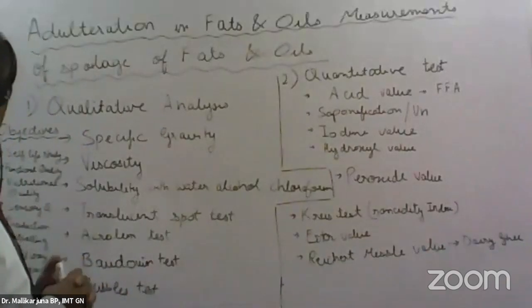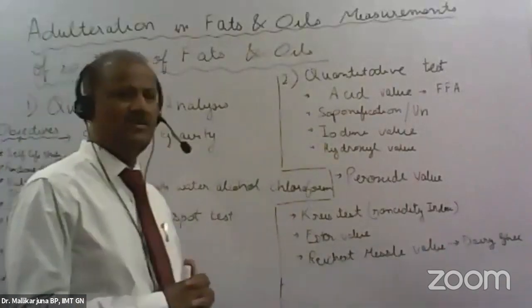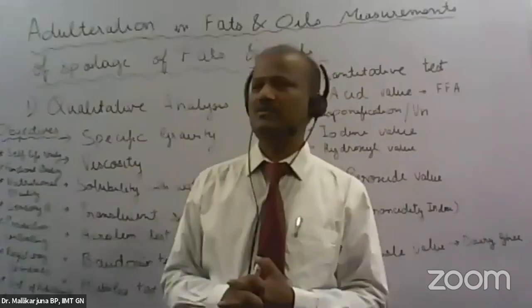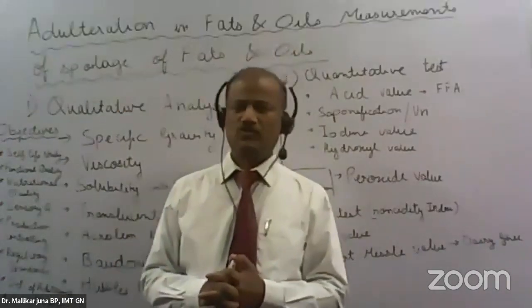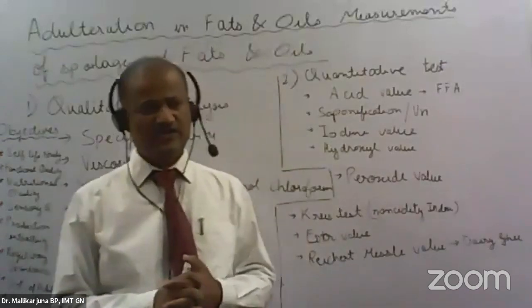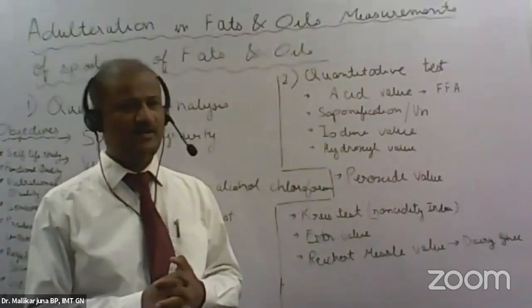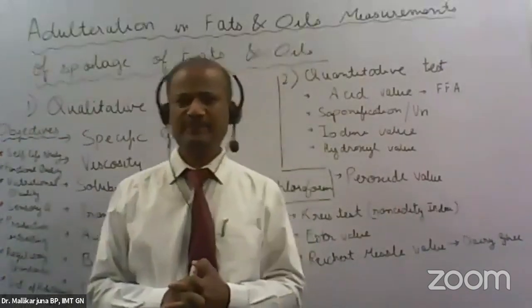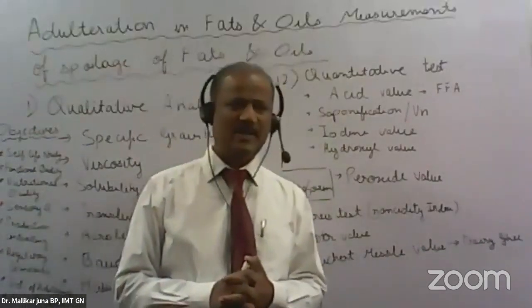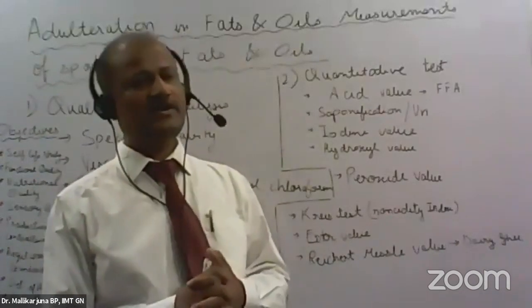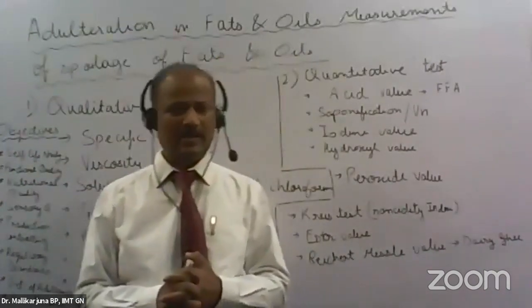The next one is, of course, the regulatory standards. In India, we have the regulatory standard, the pharmacopoeia. Every country has its own pharmacopoeia, like the Indian Pharmacopoeia, which sets standards. They fix the standard values for each and every oil and fat that we use or consume in our daily life.